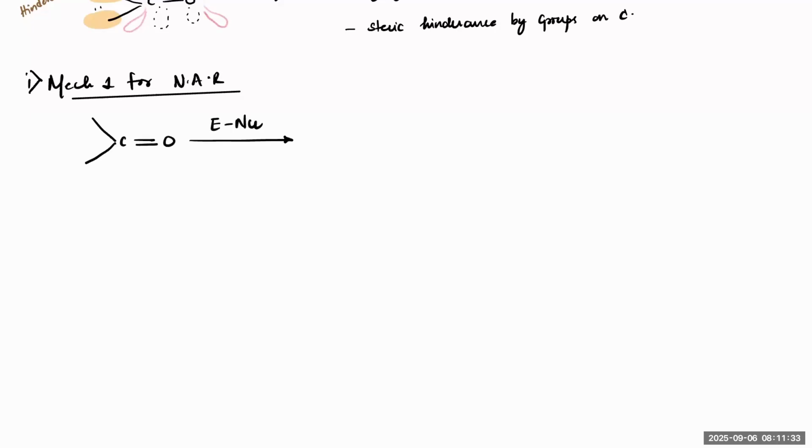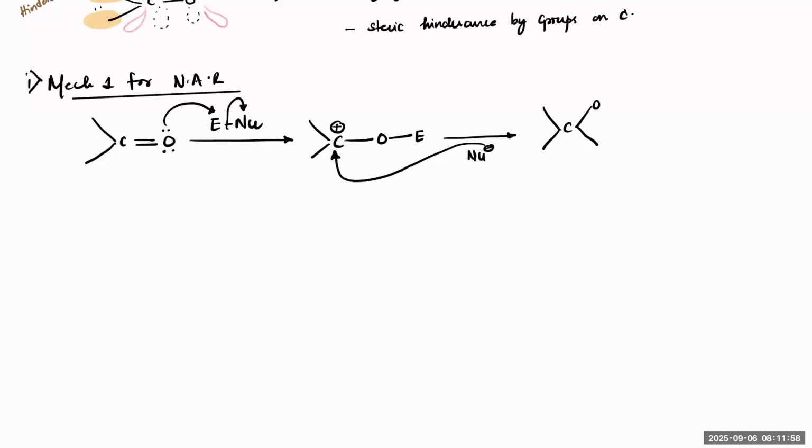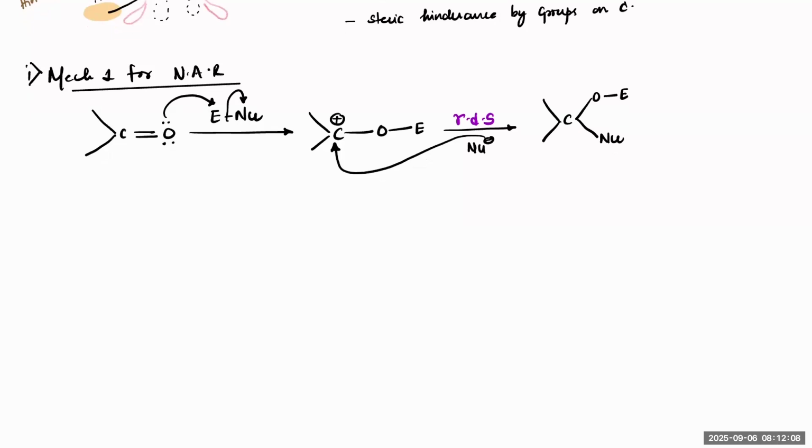Then the reaction could happen such that oxygen's lone pair can attack here, giving a positive charge coming here. Thereafter the nucleophile will attack here, and that's how you get the oxygen electrophile bond and the nucleophile getting connected. In this case, the rate determining step would be the second one. This is the first type of mechanism.